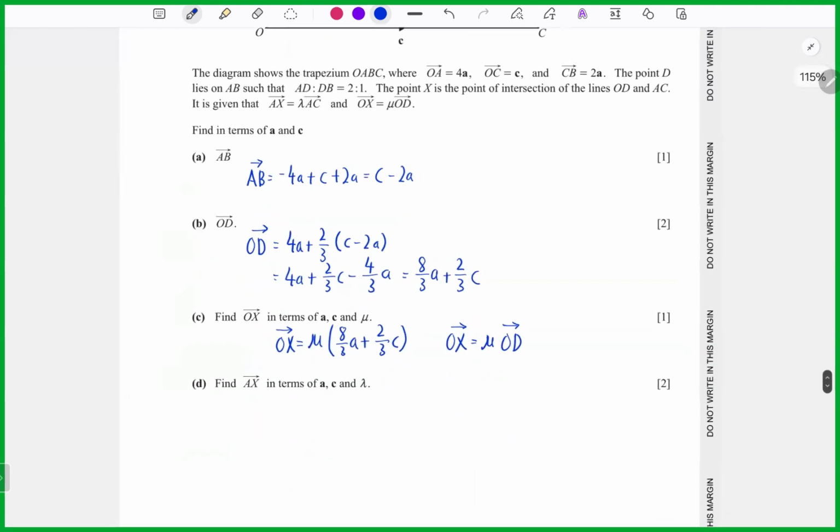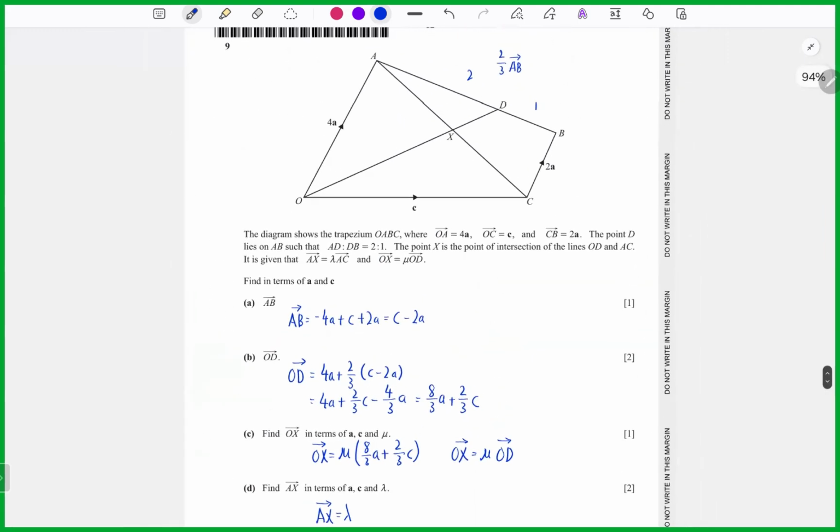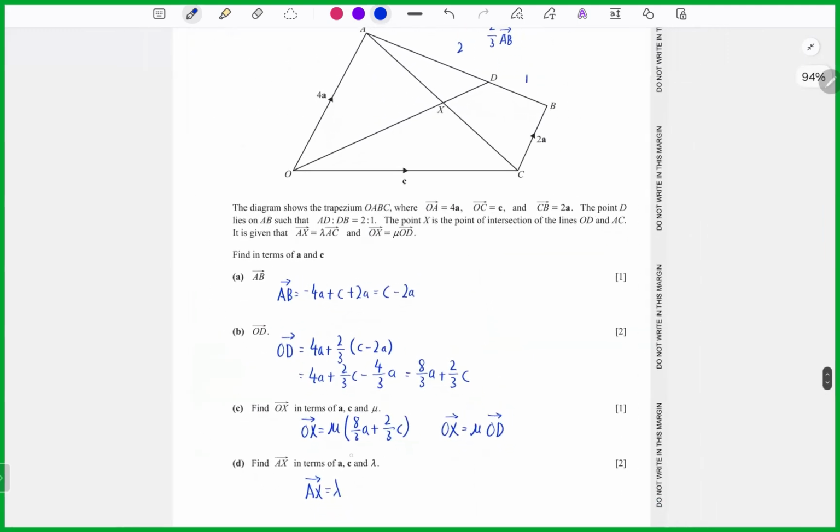Then AX equals lambda AC, which is lambda times (negative 4a plus c).